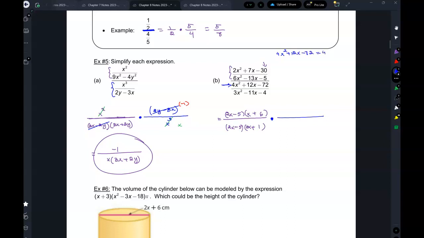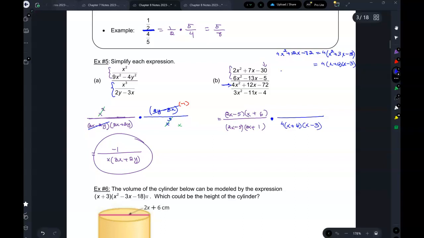I can take out a 4, so then I get x squared plus 12x minus 18, right? Oh, plus 3x, I'm sorry. Okay, so this is going to be 4x plus 6, x minus 3. And that's going to go on the bottom because we're taking the reciprocal. Okay.